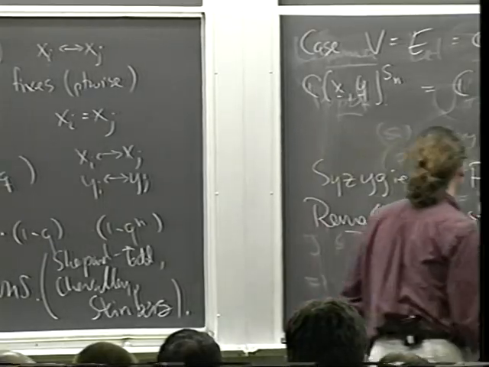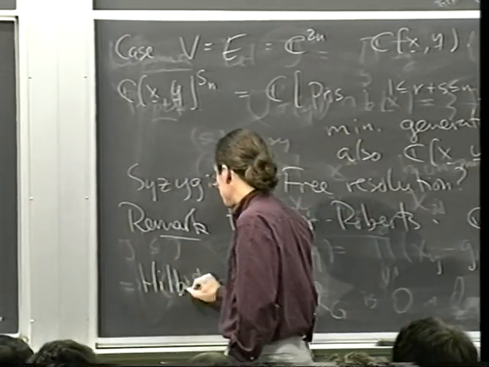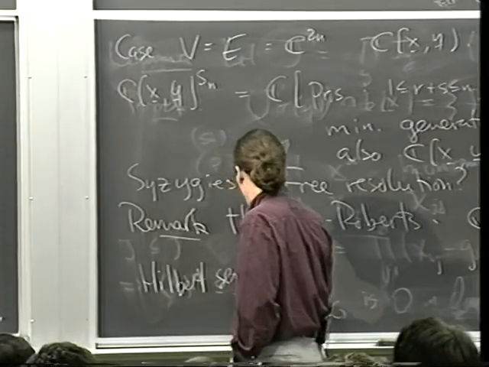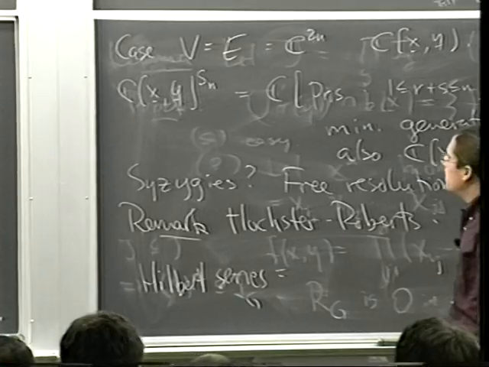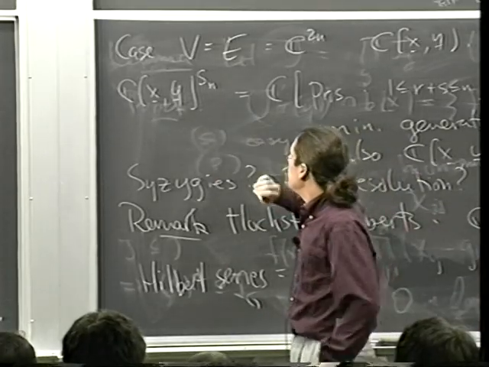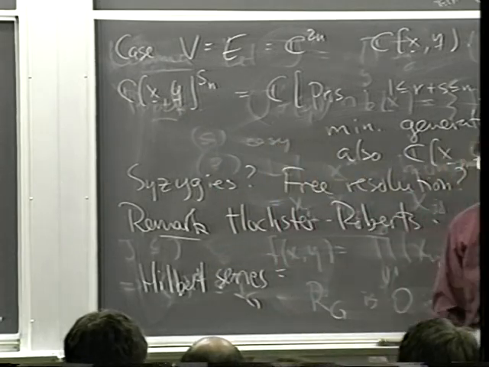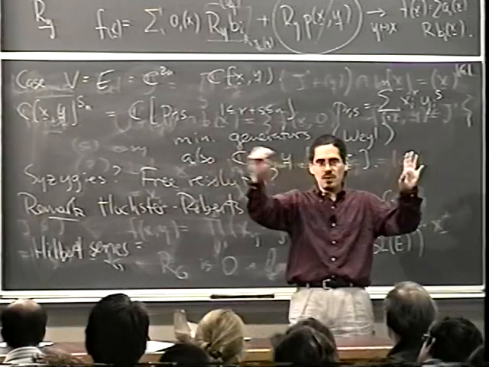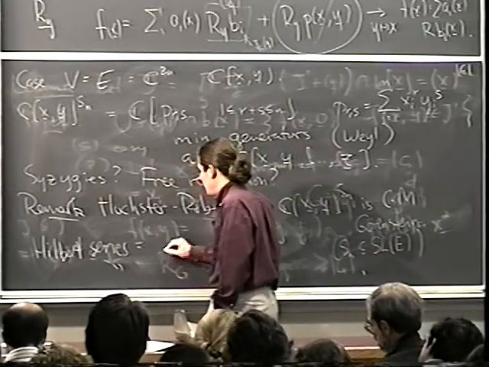Okay, and one can write down the Hilbert series also. Which is easy also because a basis for these invariants is given by just taking any monomial and then looking at the sum of all permutations of it. So then you can just count them, and you get a nice description.